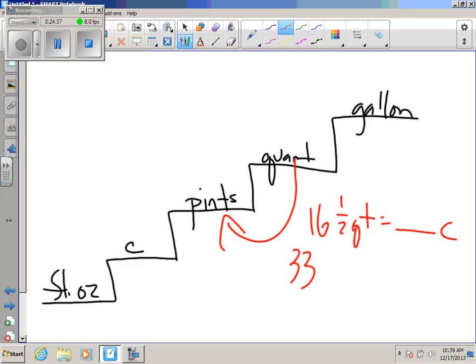Sorry. Times 2 is 33. Now I've got 33 pints. I'm going to convert it to cups. How many cups in a pint? 33 times 2. That's the answer.